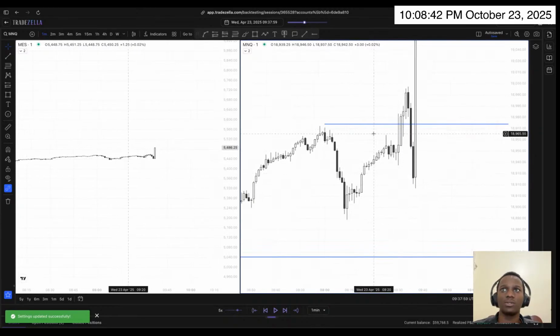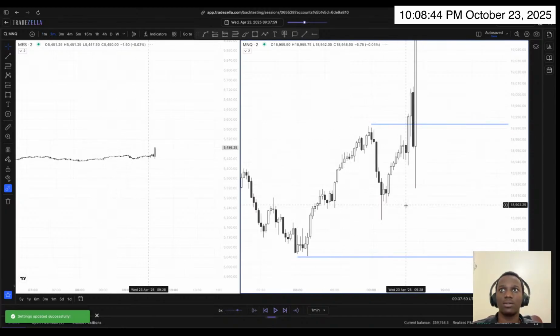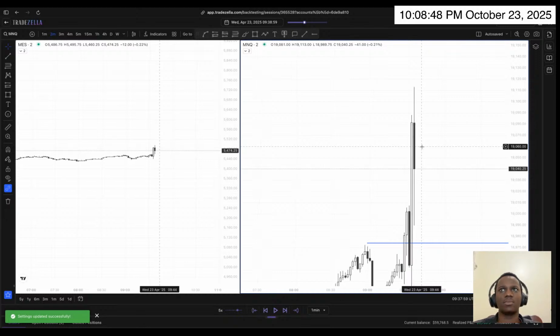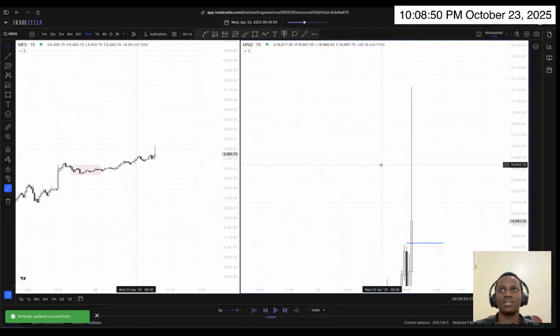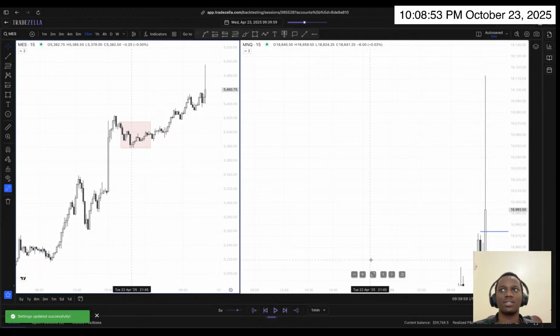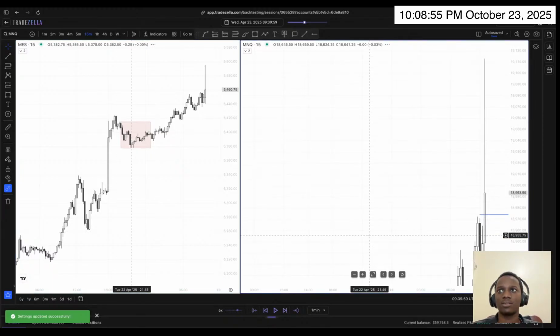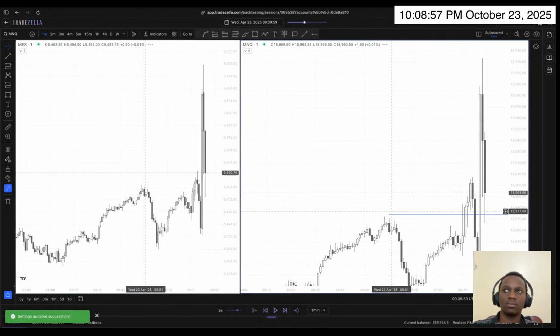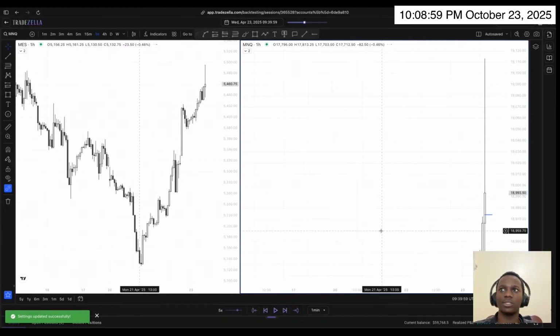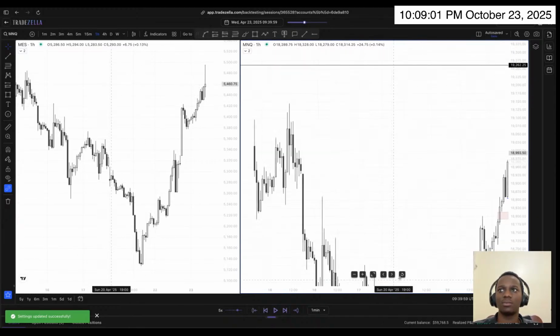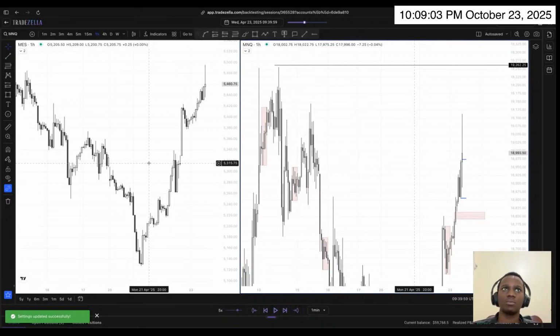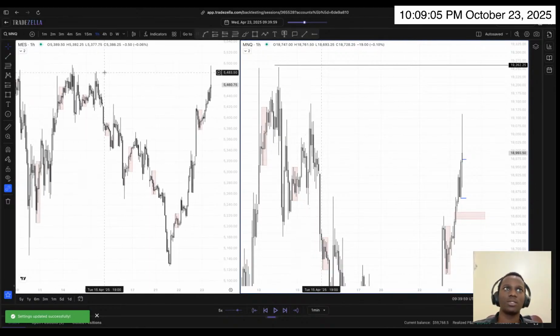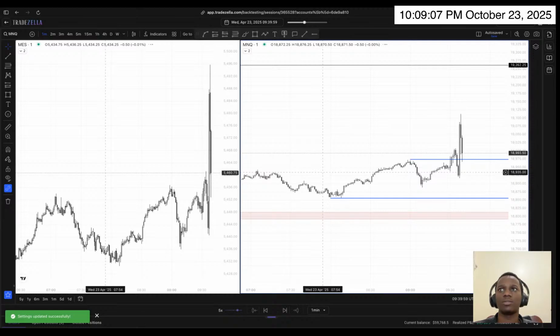Okay, then price runs that high, then drops, then runs high like crazy. And check the 1 hour, bro. We were pretty close to this high here, so there's some kind of SMT.